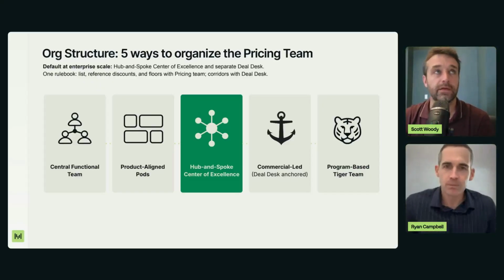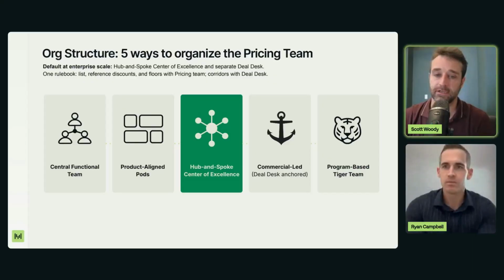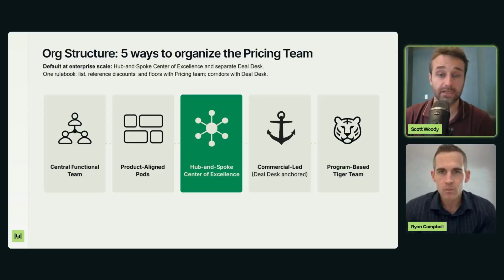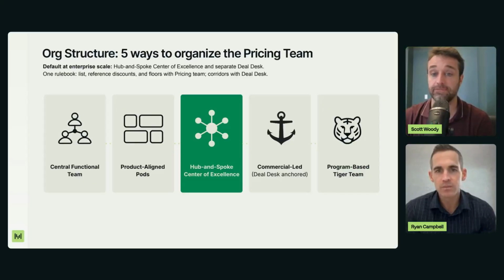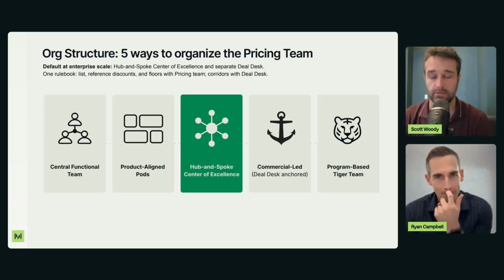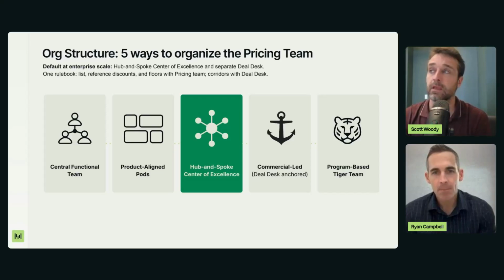Ryan, actually that last point's really interesting. It sounds like you're mostly hub and spoke, but you have the capability or capacity to flex across these different things, maybe for a specific deal or at specific points in time.